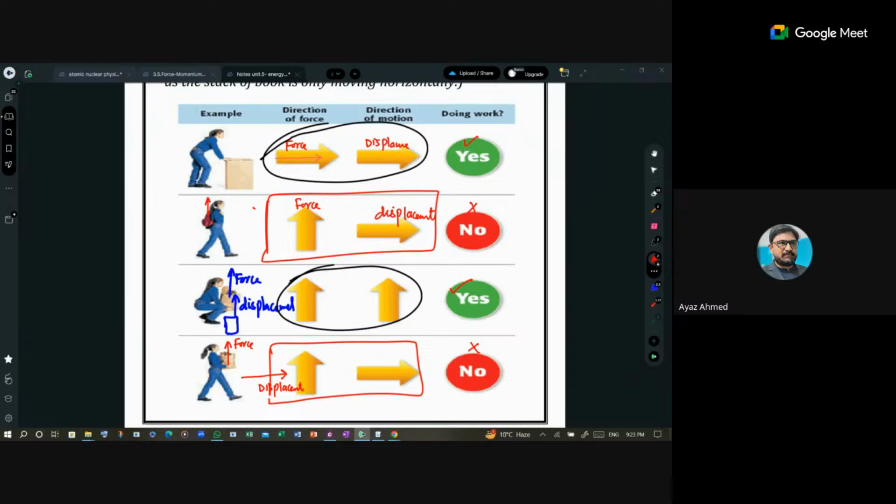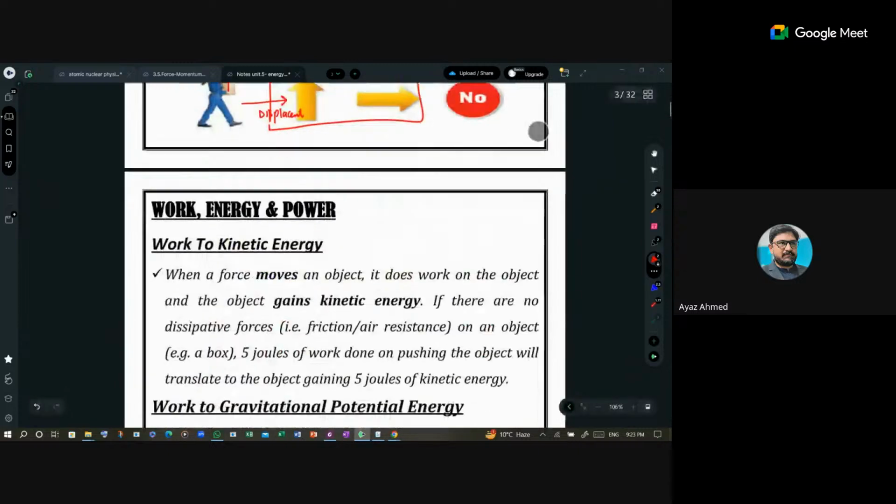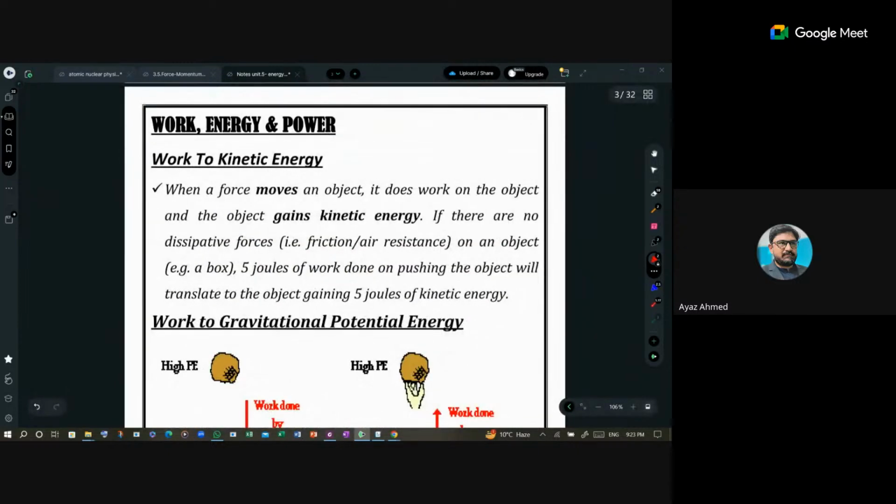Yes. Okay. Now let's have another concept: when we do some work, that work is actually stored in different objects or bodies in the form of energies, right?